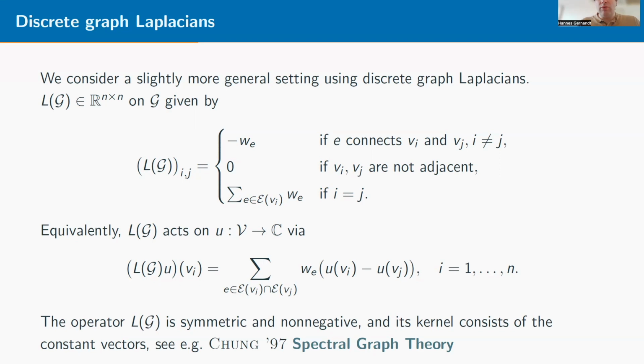So 0 is always an eigenvalue of the graph Laplacian. Just take the all-ones vector, for instance, and you see that the dimension of the kernel is 1 if and only if the graph is connected. That means you have a path between any two vertices in the graph.